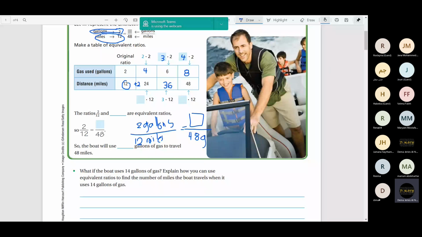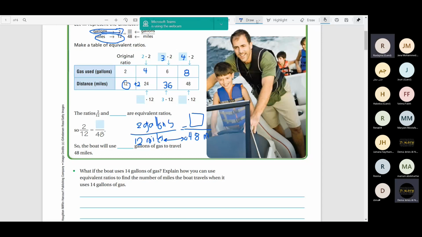You have to write gallons with gallons, miles with miles. So write 48 beside the miles, the unit beside each other, and keep the one above unknown.